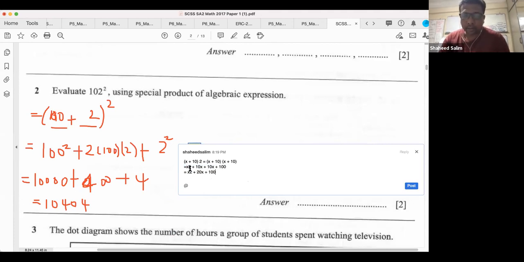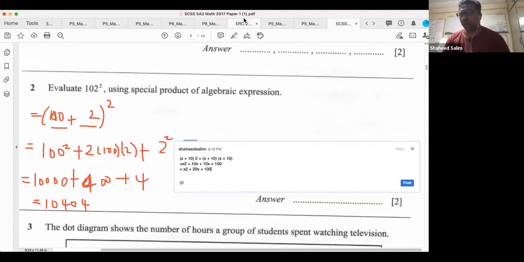So if we square the first one, x squared, square the last one, 100, and 2ab, 2 times 10 times x, 20x, correct? So the expression is always like that. Never mind, we'll do a little more of this next lesson. So your answer is 10,404.